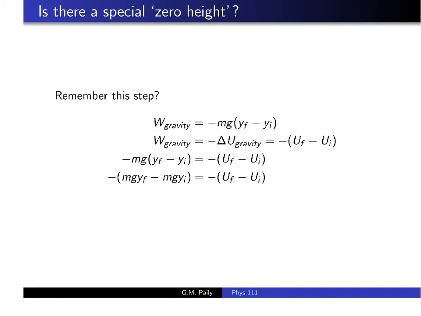There's the minus sign outside. And we previously found the work done by gravity, and that was minus mg times (y final minus y initial). And then we set both sides equal to each other, and we compared, and we saw that, okay, it made sense if U final was the same as mg y final, and U initial was the same as mg y initial. This was covered in the previous videos, so make sure to take a look at that.